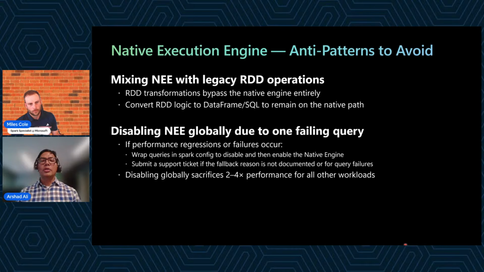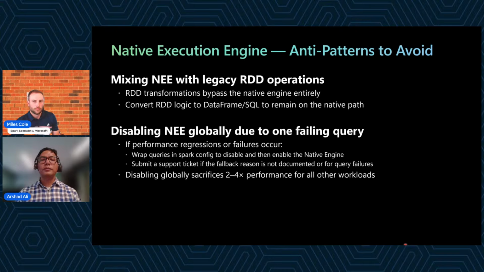Our recommendation is to convert this RDD logic to the DataFrame API or SQL API, so that you can take advantage of the Catalyst Optimizer and native execution as part of it. That's how you can take care of your legacy application to take advantage of the native execution engine.